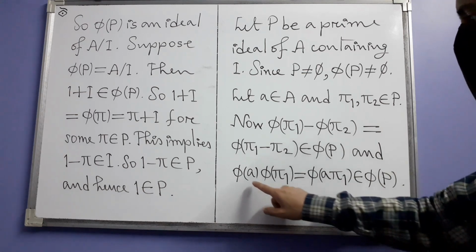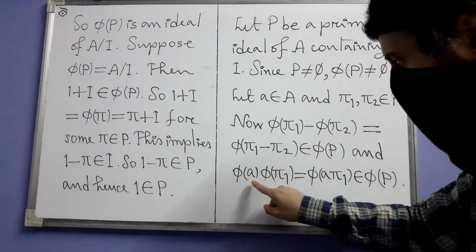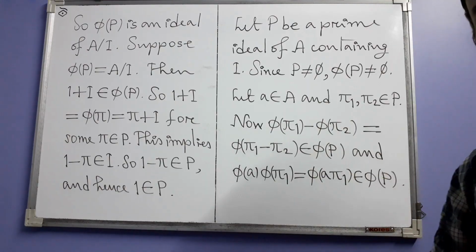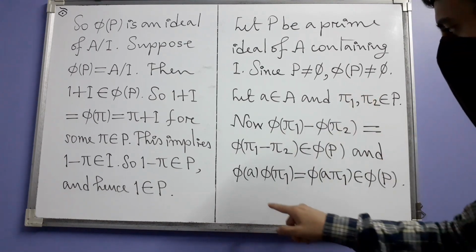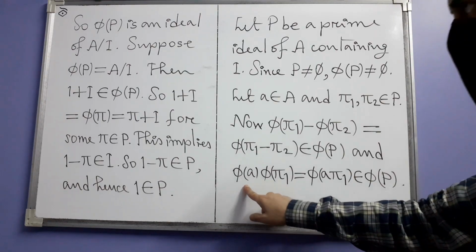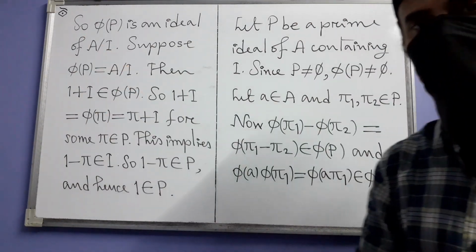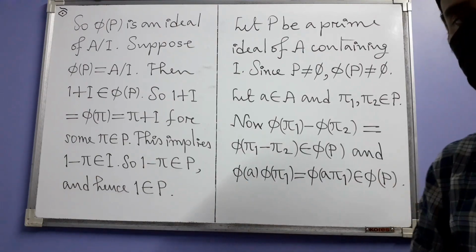Next, we consider this product, phi of A times phi of pi 1. So this is any element of phi of P, and this is any element of A slash I. Why is this any element?